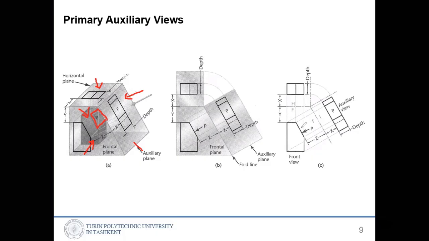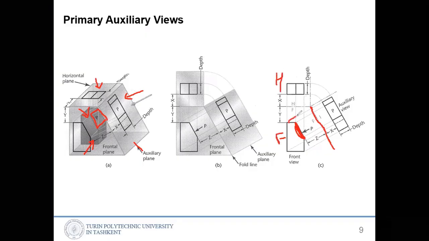To generate this one, you need to make a line parallel to whichever plane you wish. I wish to create a view of this, so we need to make a parallel line, and then bring every piece of information from the other views, the horizontal view and here the front view.